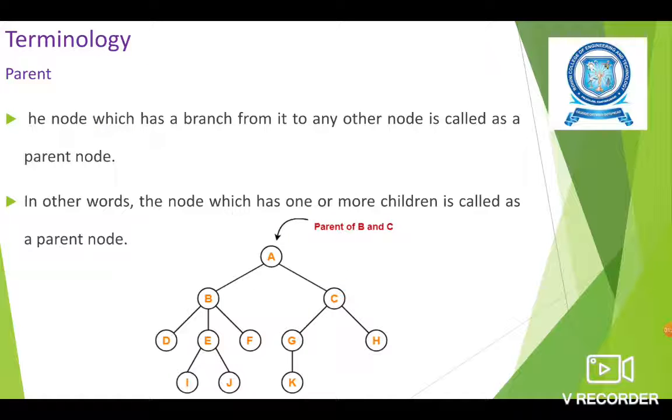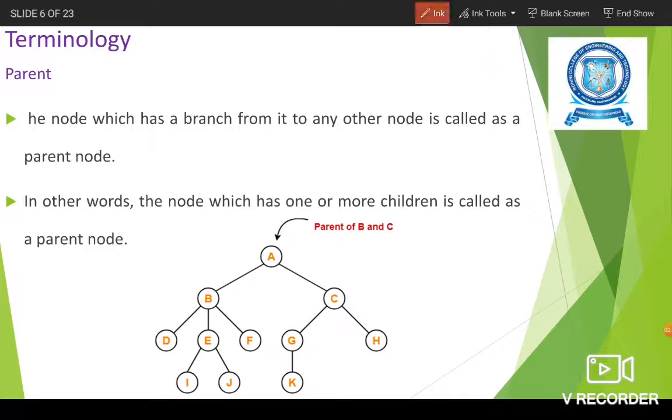Then parent. The node which has a branch from it to any other node is called a parent. So if you have a branch from that node to any other node, then that node is called a parent node. Or you can say that if the node contains one or more children, then that node is called the parent node.